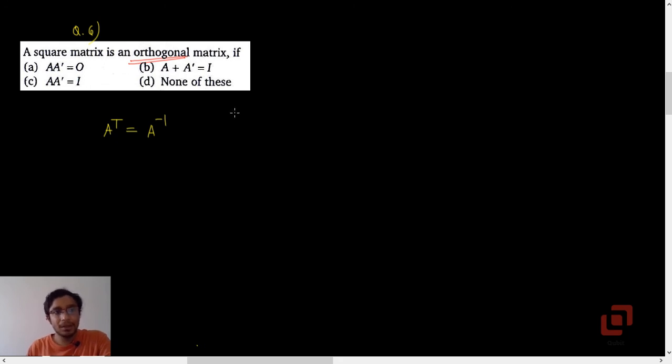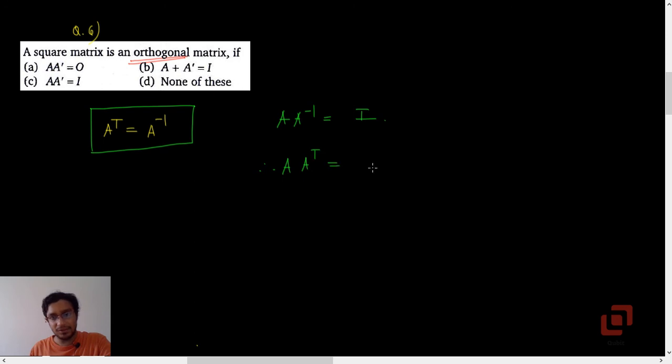Now by definition you call a square matrix orthogonal if its transpose is its inverse. So it's definitely option C, because A into A inverse is identity matrix, but if A is orthogonal, then A inverse is A transposed. So it is option C.